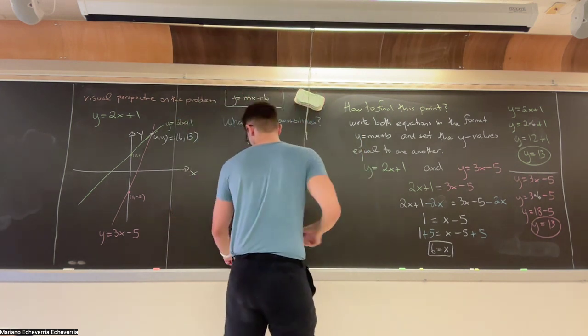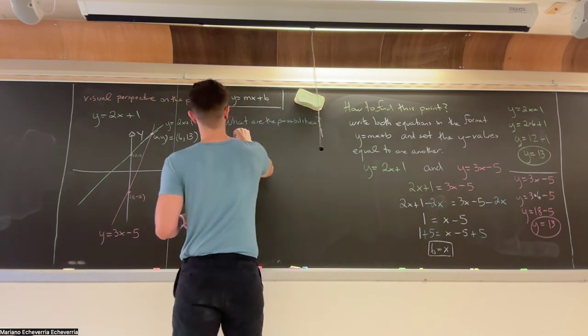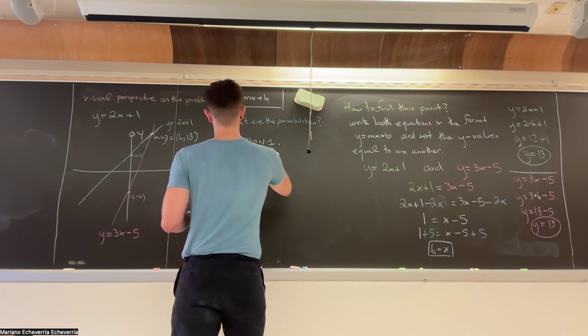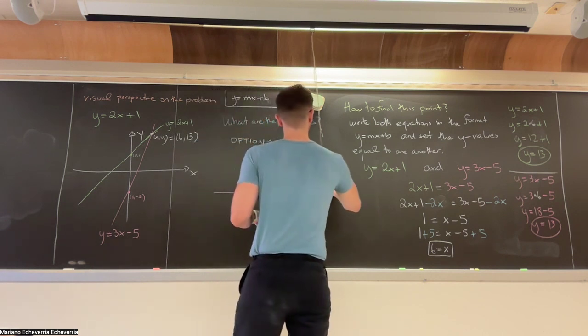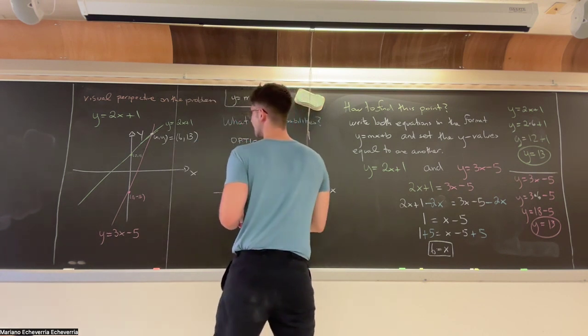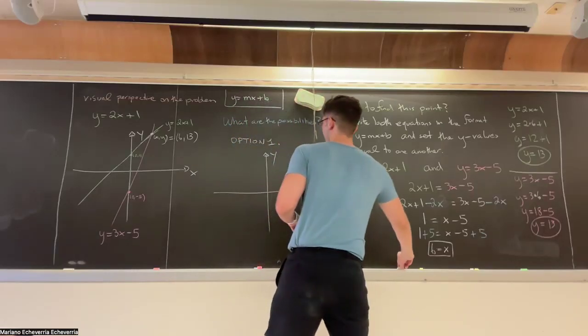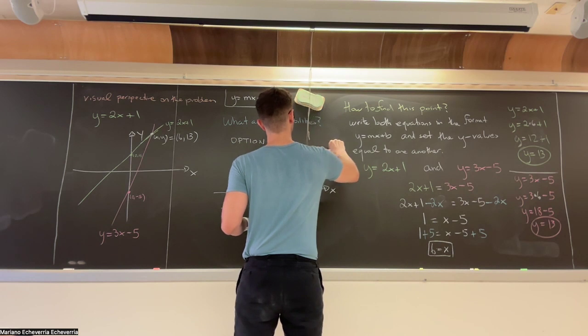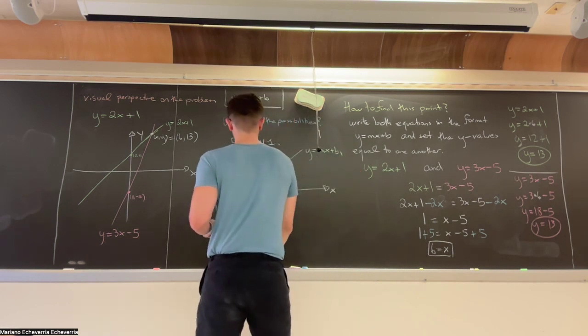Option one, which is the one that we just did, I'll draw it like this. You have one line, and you have another line.